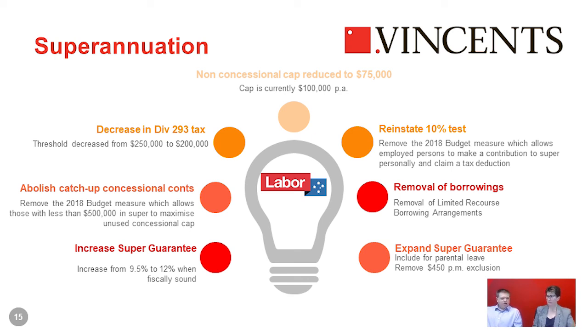Labor want to change that. And also, Labor have made reference that they want to increase the super guarantee from currently 9.5% up to 12% when economic conditions are right, whenever that means. So that's there. Once again, no time frames around it, no detail. Essentially, it's just what they would like to do.